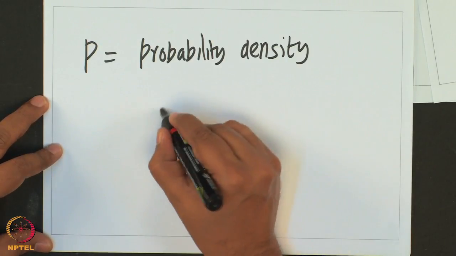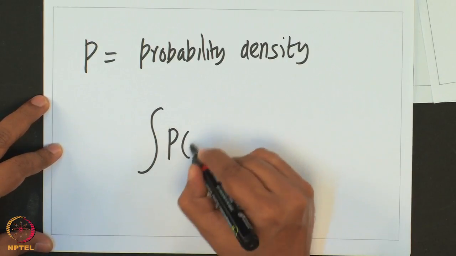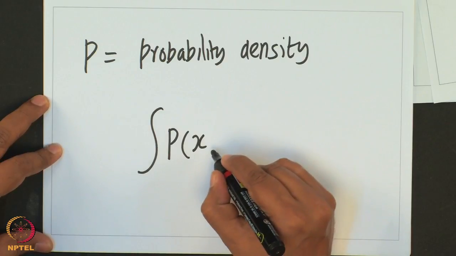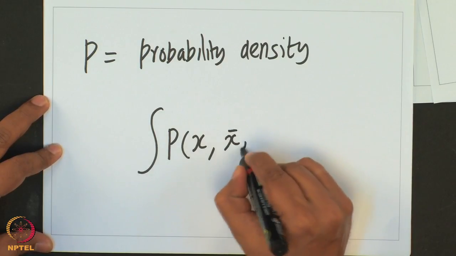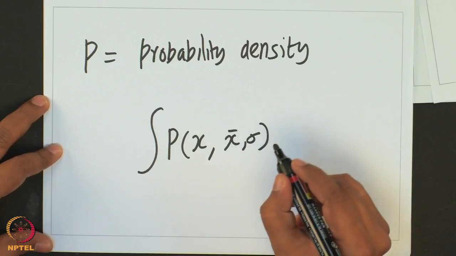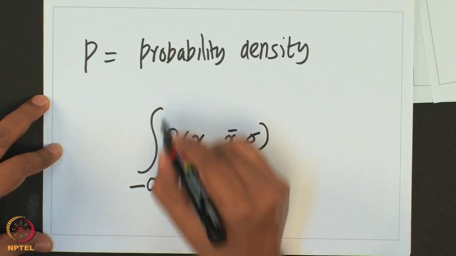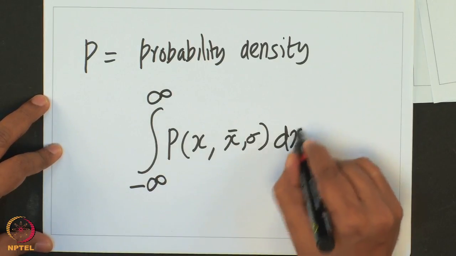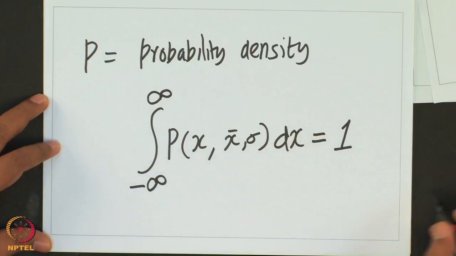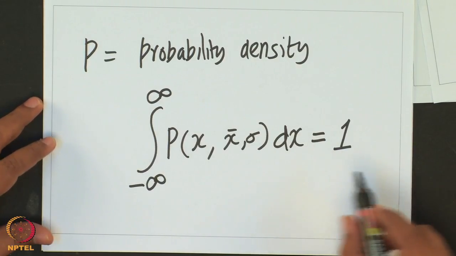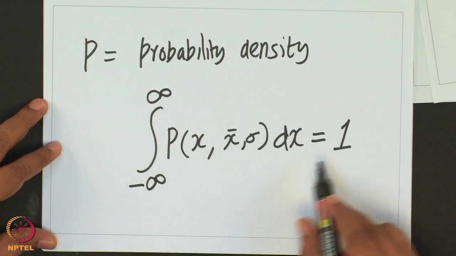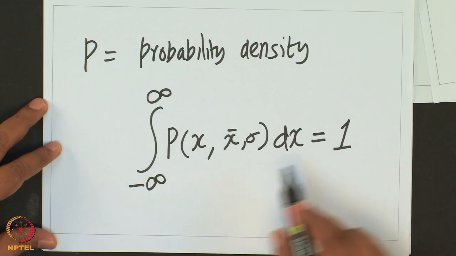Because the integral of p of x, given x bar and sigma, with dx has to be 1. So, this is called a normalization. The total probability, what does this mean? The total probability is 1.